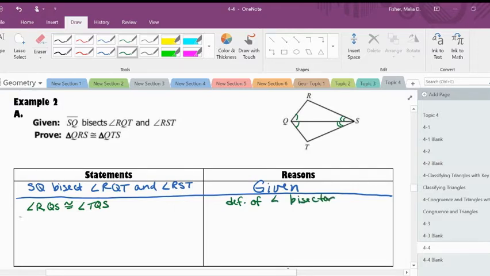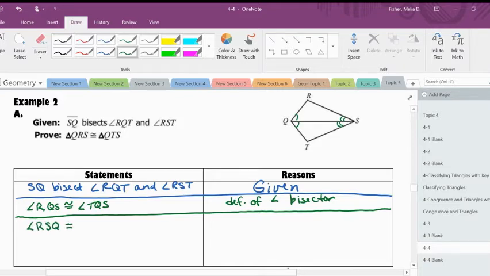You can write out the word angle if you'd like, but I'm trying to keep it simple here. Go ahead and write out the other two, which is RSQ being congruent to angle TSQ. And this is also definition of angle bisectors.